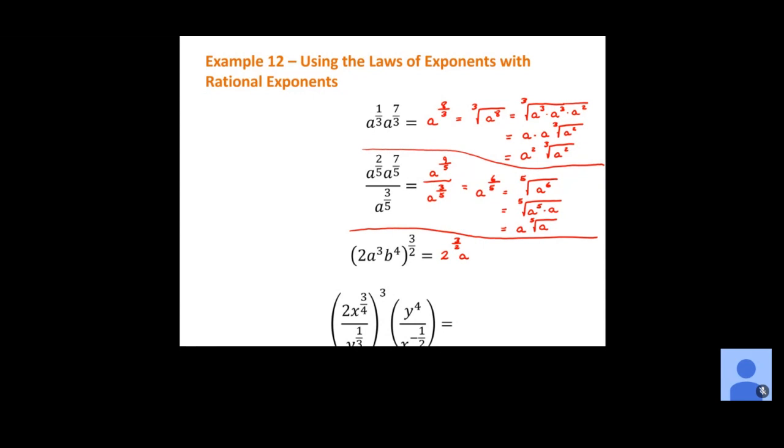Good. Multiply those together. So that's 9/2. And then we're going to have b to the what? Good. And what is 12/2? Just 6, right? Okay, so 4 times 3/2 is 12/2, which simplifies to b to the 6th.